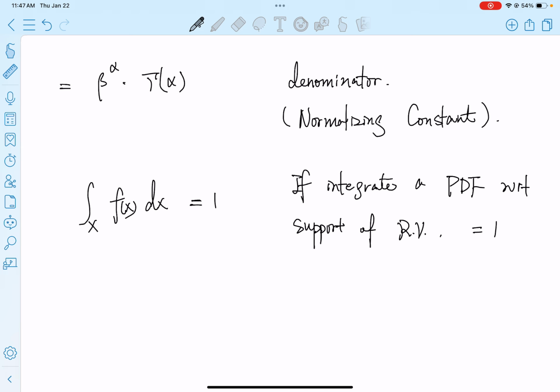This is like the probability of all possible values. The area under the curve should be equal to 1.